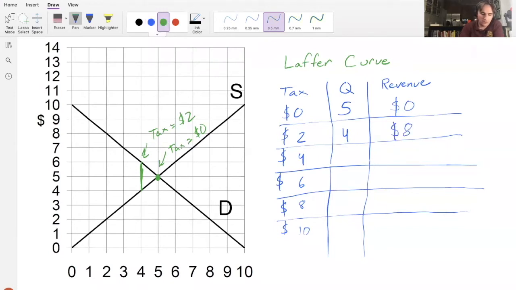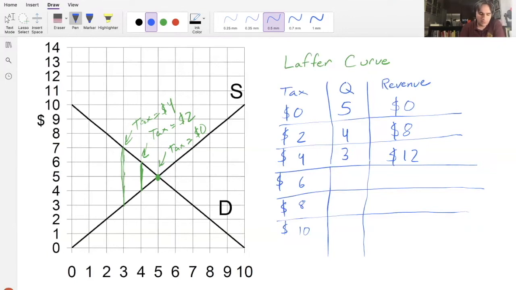Let's keep going. This is the tax equals $4 case, between 7 and 3. The quantity transacted when the tax equals $4 is 3, and our revenue equals 12. So far, our revenue as we increase the tax has gone from 0 to $12.